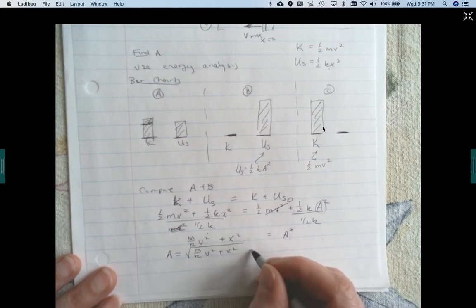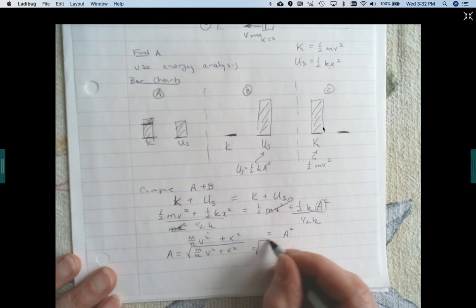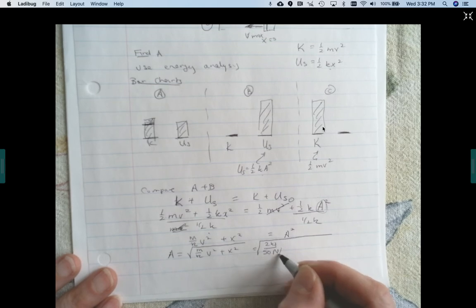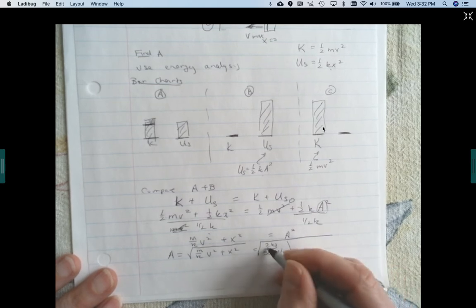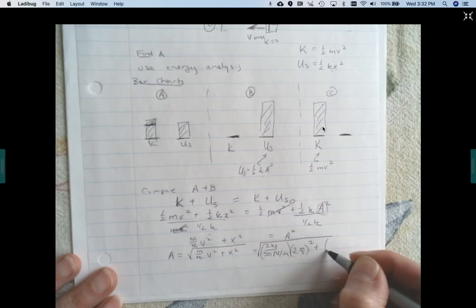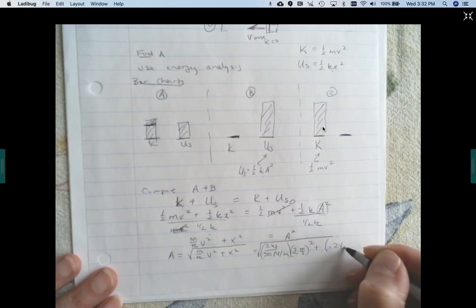And now if we plug in our values, we have our mass is 2 kilograms, our k is 50 newtons per meter, our velocity was 2 meters per second, and square that, and our position is 0.24 meters.